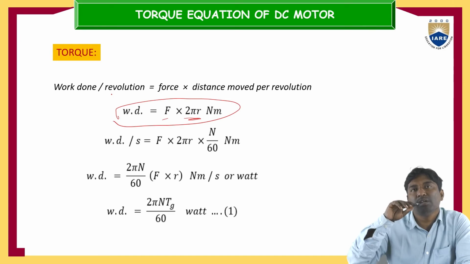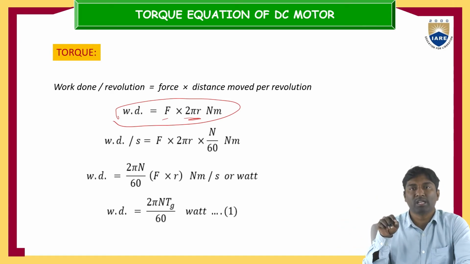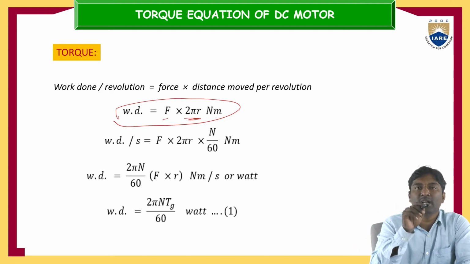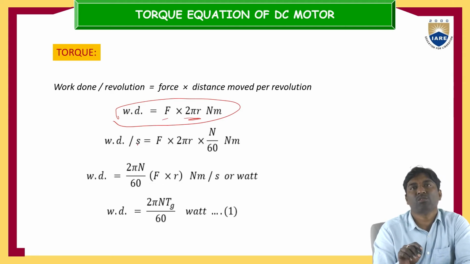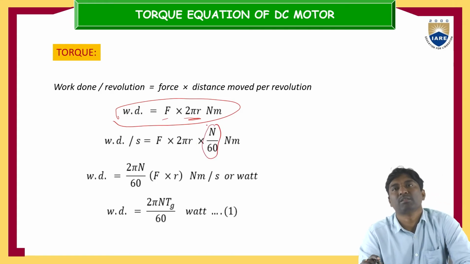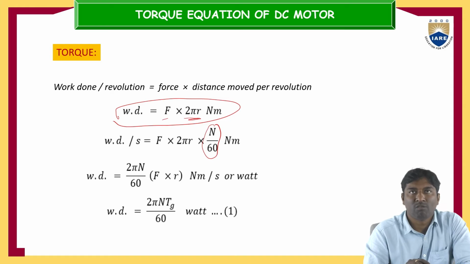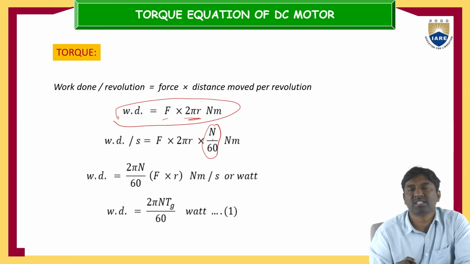The conductor is a rotating part, so it rotates depending on the time. So I am taking seconds: force into 2 pi r into n by 60. So work done per second is force into 2 pi r into n by 60, in Newton meters.